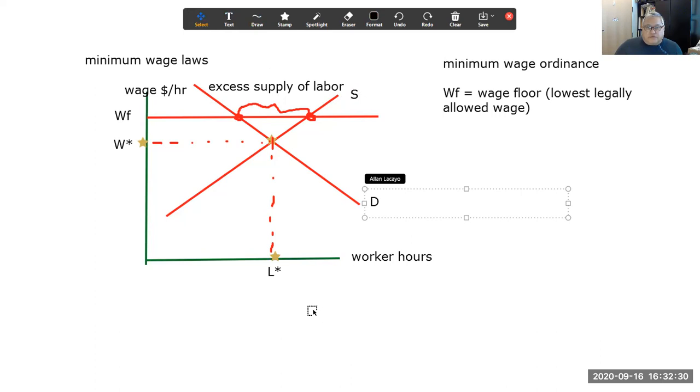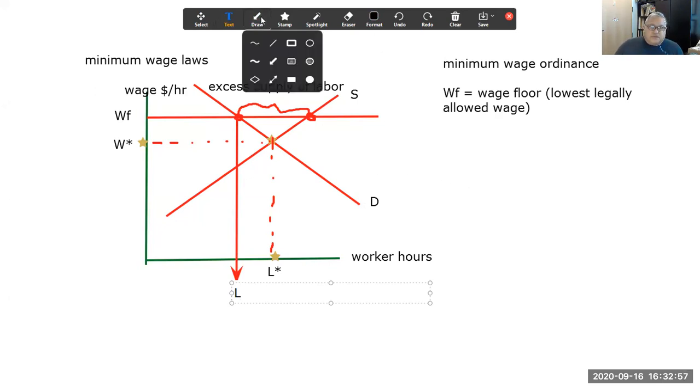So obviously what you would see in the market would be what the market bears, which is what companies are willing to hire for. And so one of the arguments against minimum wage laws is that if they are binding, they impact the market to suppress the amount of labor hours in that market.